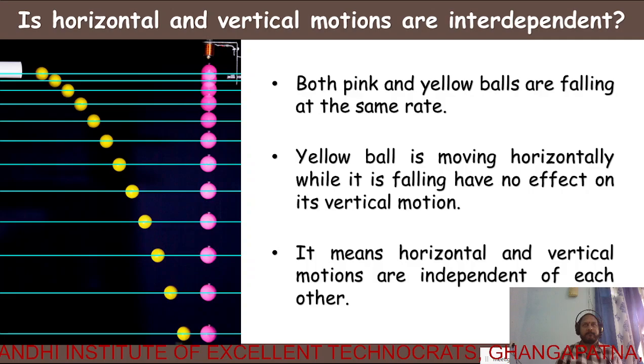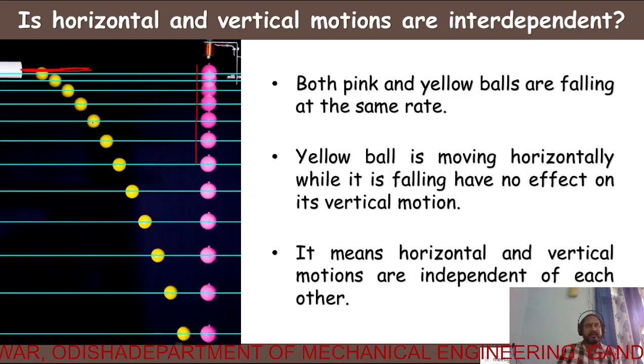And here these pink balls, how are they dropped? Vertically. So yellow balls are moving horizontally, and while these yellow balls are falling, the horizontal motion has no effect on their vertical motion. Clear? So what I mean to say is the path traveled by these two bodies.